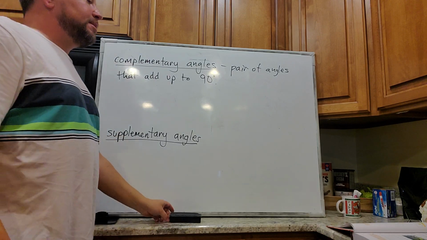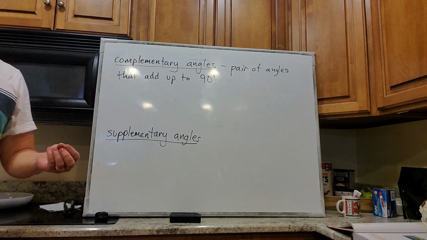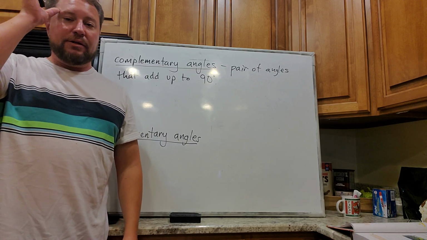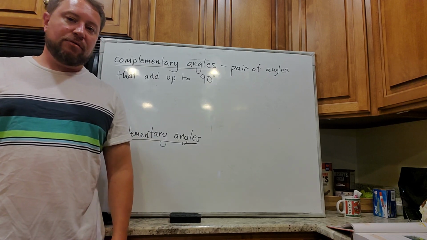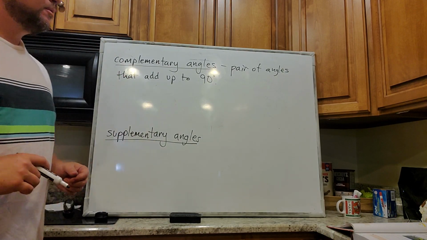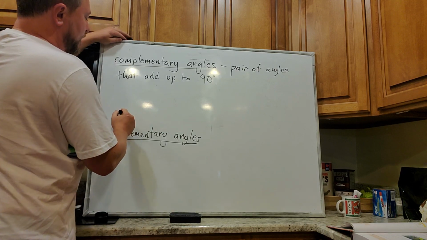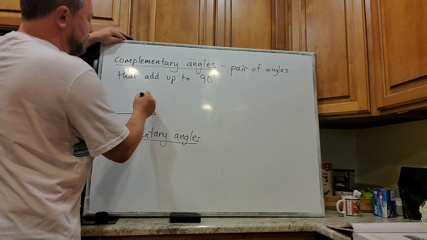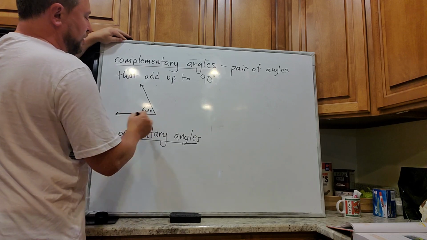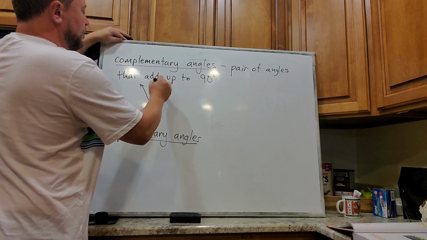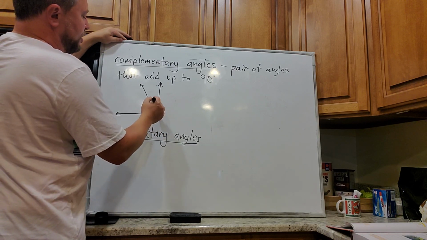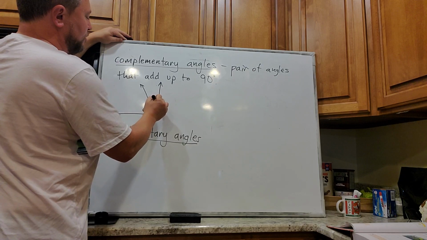Now, technically they do not have to be adjacent. Do you remember just earlier in my lesson, adjacent angles were ones that were side by side, neighbors, right next to each other? They can be, though. You might have an angle, for example, like this that is, let's say, 62 degrees, and then another angle right beside it that is, let's say, 28 degrees.